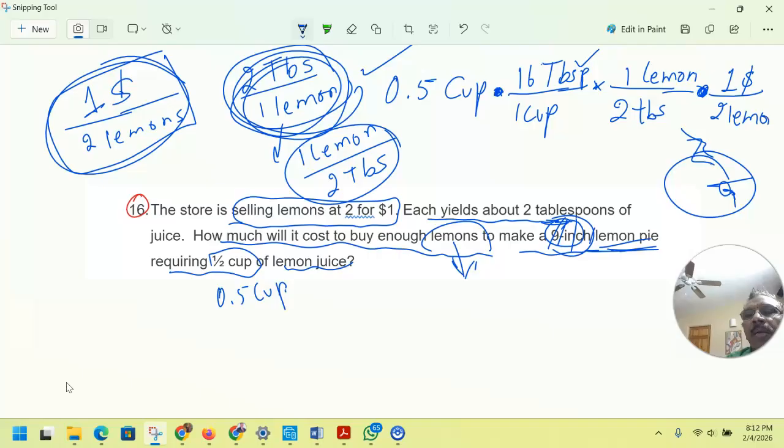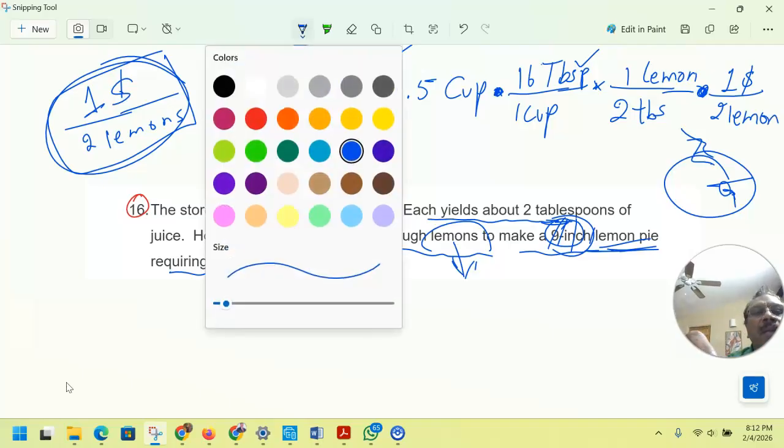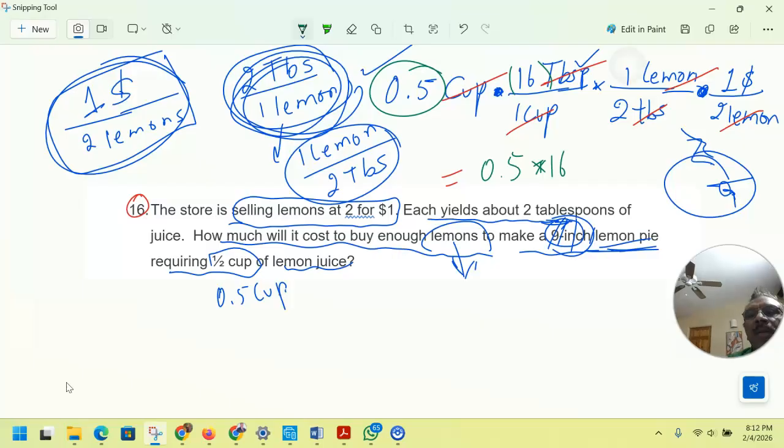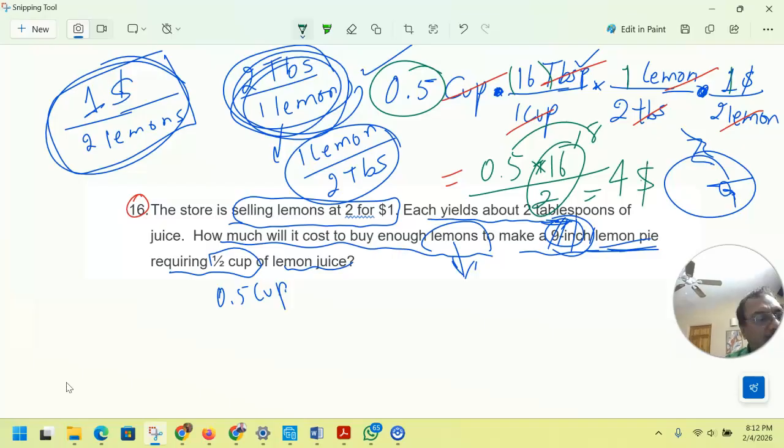So with one line, we can get all the answers, and we can cross out tablespoon and tablespoon, cup and cup, lemon and lemon. So what I will be left with is 0.5 times 16, and this is 1, so it doesn't matter, and then divide by 2. You can see this is 8, and 8 times this, you get $4. You can check that.